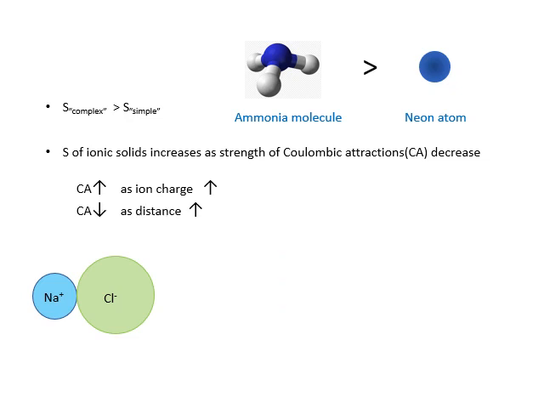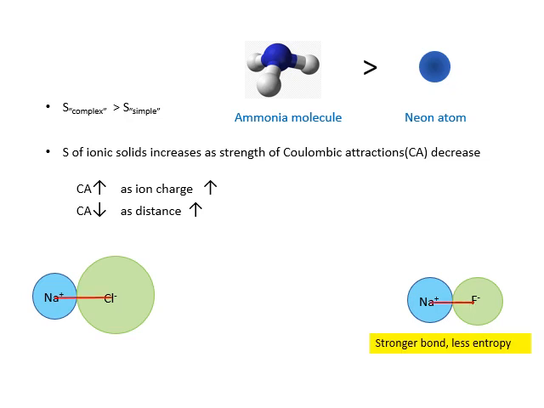On the other hand, the strength of Coulombic attractions decreases as the distance between the ions increases. If we compare sodium chloride with sodium fluoride, the bond in sodium fluoride is stronger because the distance between the ions is smaller. Therefore, sodium fluoride will have a lower entropy than sodium chloride.